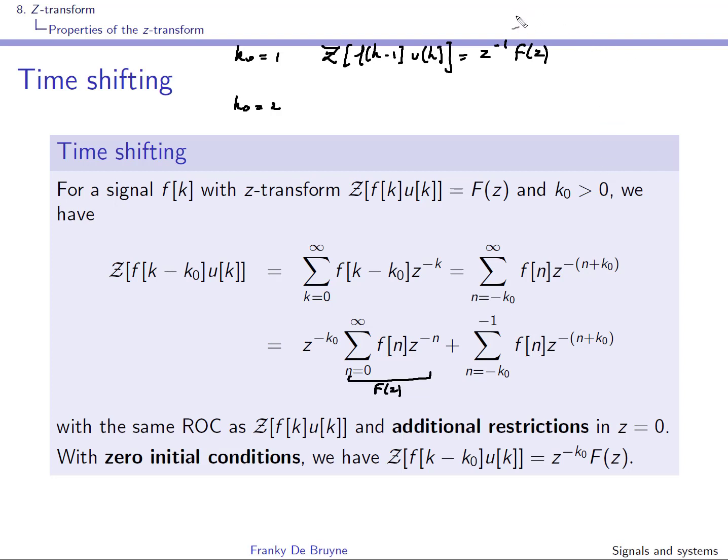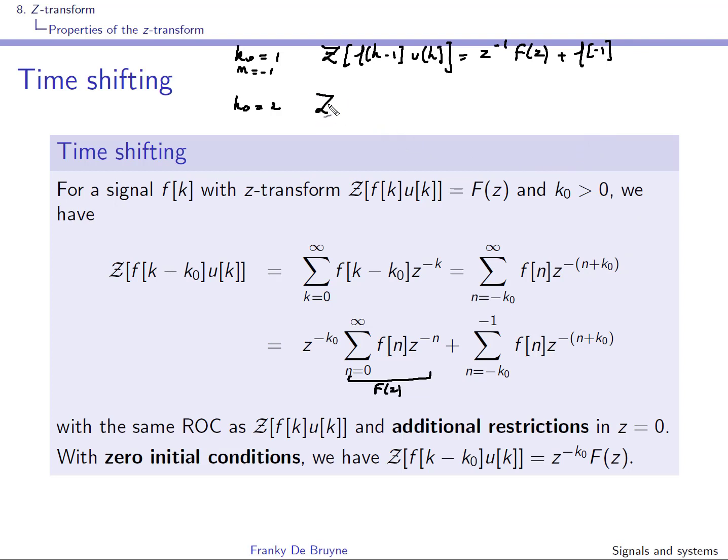It will be the term corresponding to n equal to -1, right? Because k0 is 1, so there is only one term. So what you'll have is f of -1, and here you have 1 minus 1, so it's z to the power 0, so this is a 1.